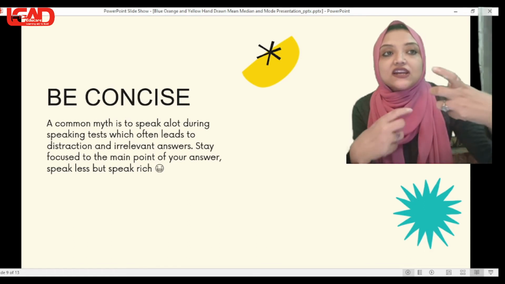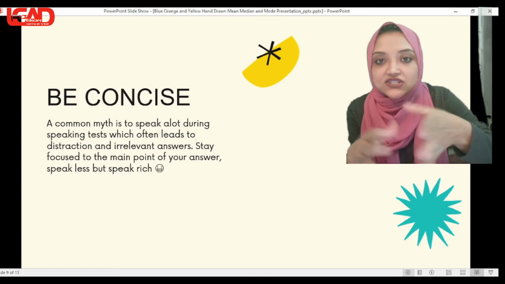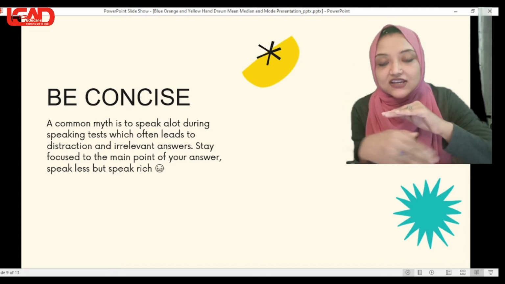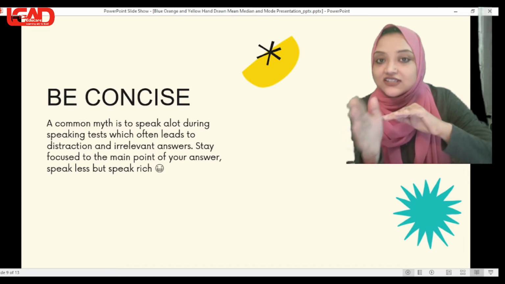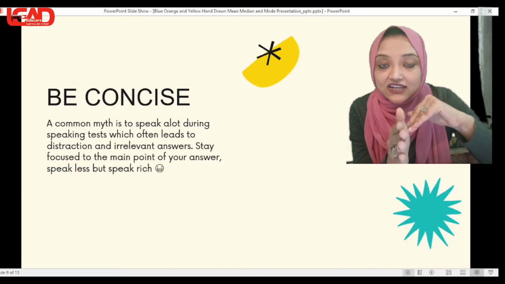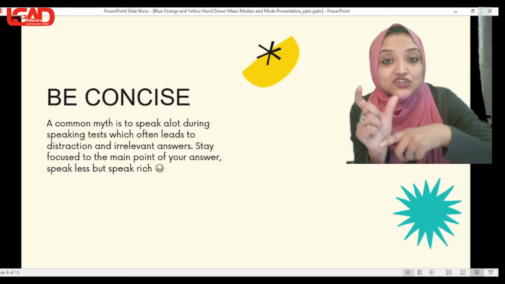Don't keep bringing in more information. You need to remember that it's like a journey. You start with the main point, you explain your reasons, you give examples, and then you need to end that journey. So make sure that journey is short.